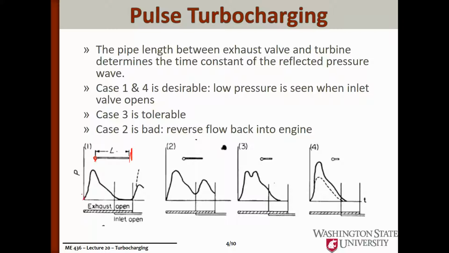When the exhaust valve opens, this tube, this volume between the exhaust valve and the turbine, quickly pressurizes because it's coming out of the engine faster than it can move through the turbine, because the turbine has to speed up. Then it reaches that pressure and it starts flowing through the turbine faster than it flows through the engine because now there's less mass coming out of the engine. It's not blowdown anymore, it's the piston pushing the mass out, and that flow rate is less than what goes through the turbine. So the pressure starts to drop.